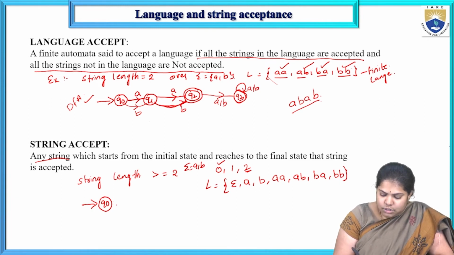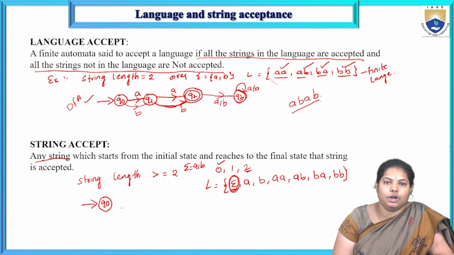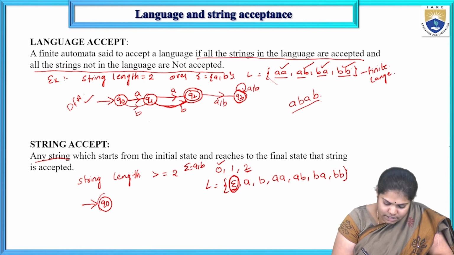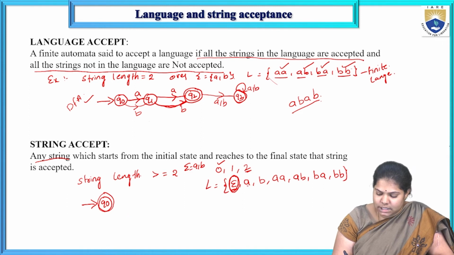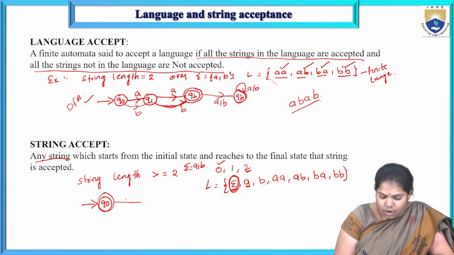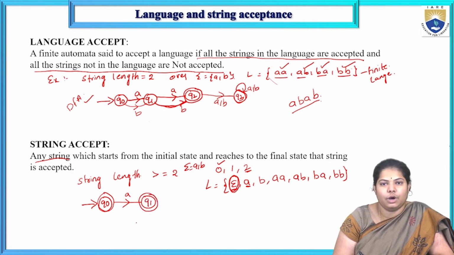So how to make the execution of epsilon? In order to execute epsilon, a 0-length string, the initial state Q0 will become a final state. Next, for a 1-length string, on seeing A it reaches Q1. Q1 also will be a final state in order to accept string length 1.